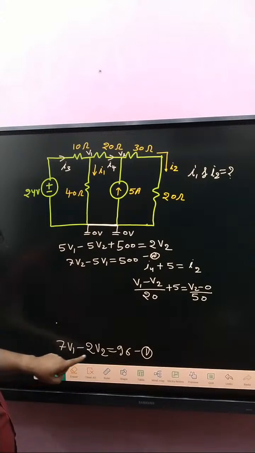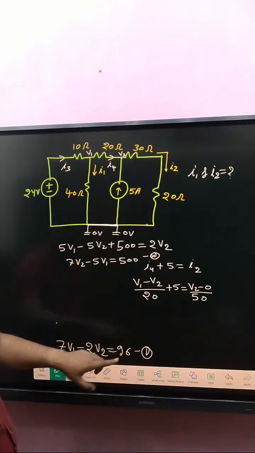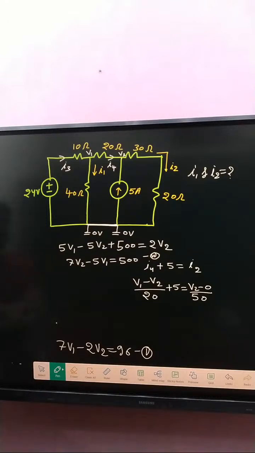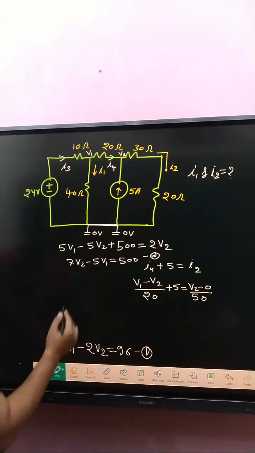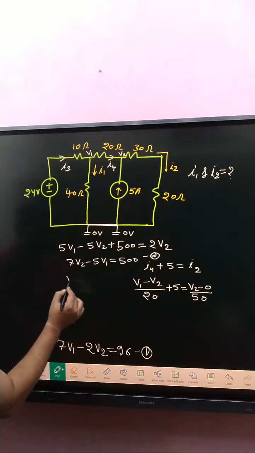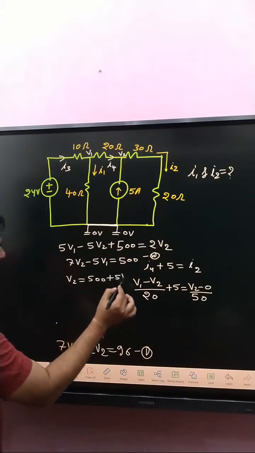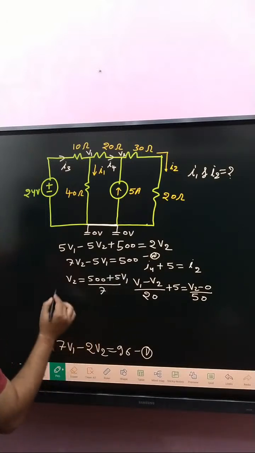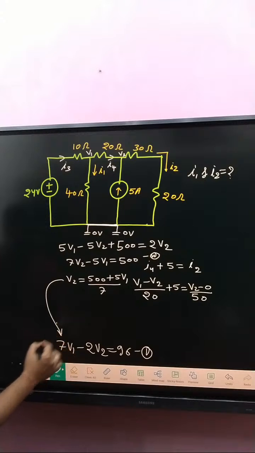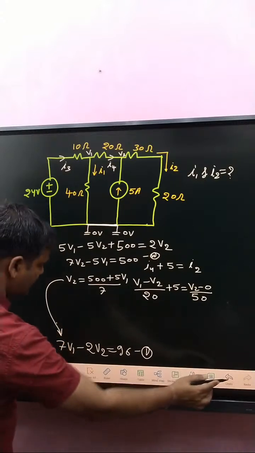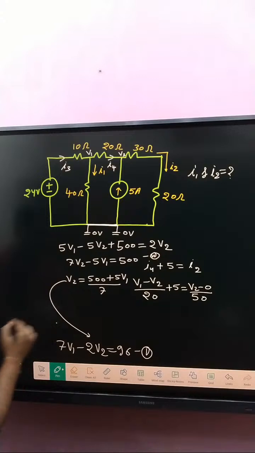And that one is 7V1 minus 2V2, this will equal 96. Our target is to determine V1 and V2. Okay, so if we put V2 as 500 plus 5V1 divided by 7 in equation number 1.